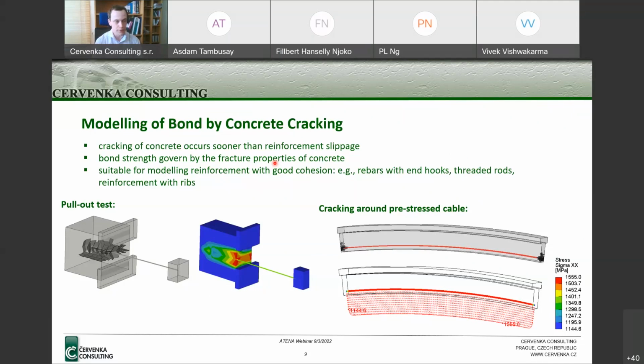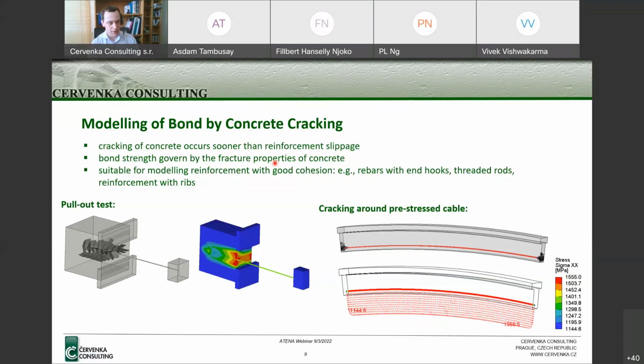This is simply due to the fact that in many cases the bond is actually the stronger part of the system, and the weak link can be the surrounding concrete, which will crack before slippage of the reinforcement occurs. Actually, this is the case, for example, for reinforcement which has hooks at the end.